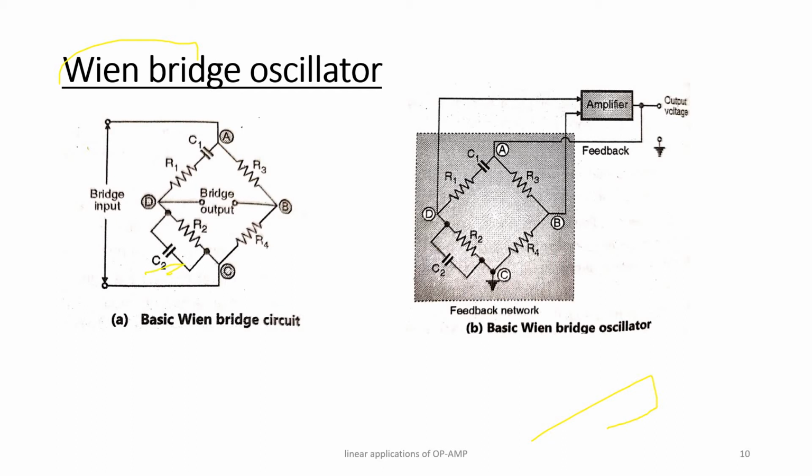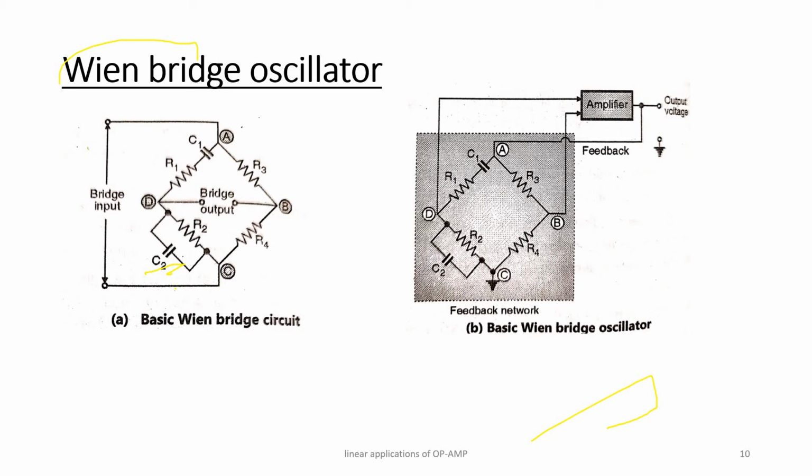The major difference between the Wien bridge and RC phase shift oscillator is that in the Wien bridge oscillator, the amplifier used does not introduce any phase shift. In other words, it is a non-inverting amplifier.